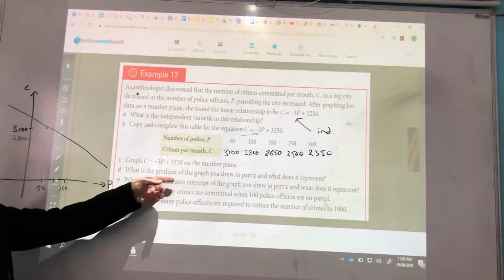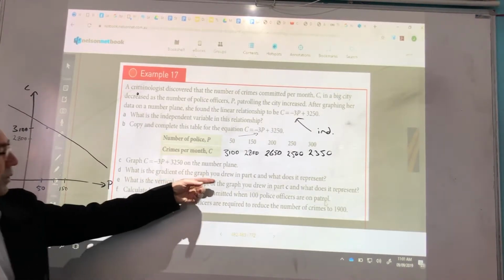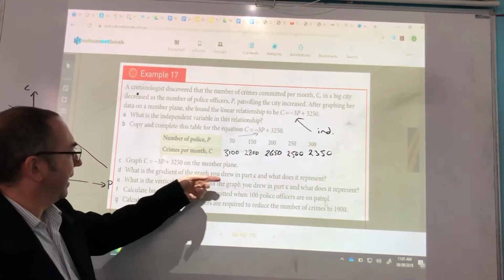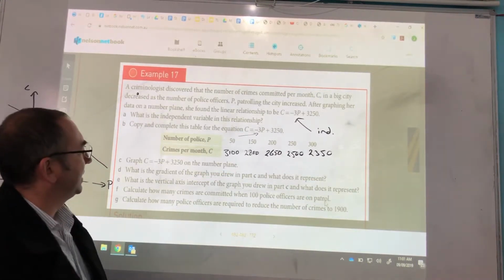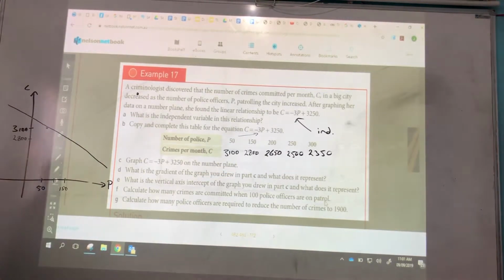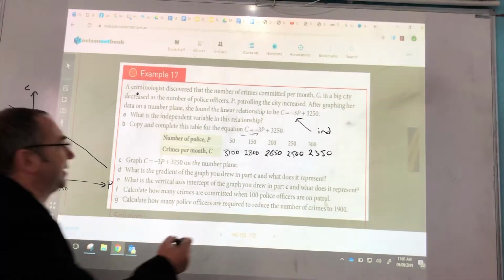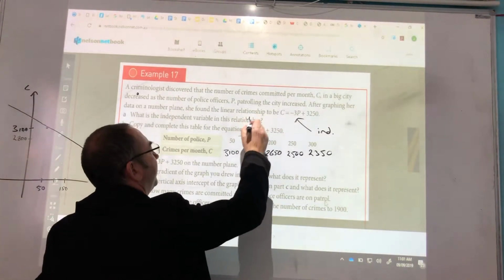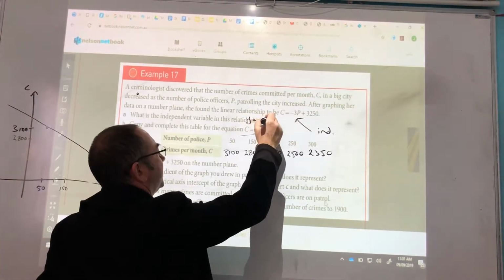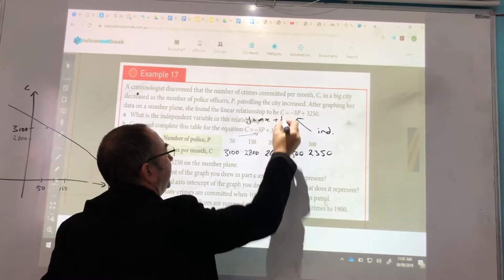What's the gradient of the graph you've drawn in part C, and what does it represent? Well, go back to the learning from last week, where I said the standard form of an equation is y equals mx plus b.